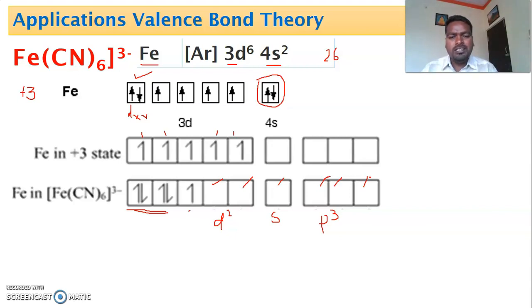So now, as I said, each ligand can provide 2 electrons and each orbital can accommodate 2 electrons. Totally there are 6 orbitals available and there are 6 ligands.